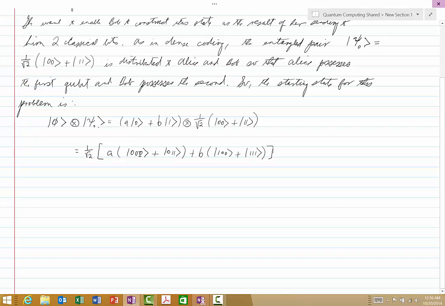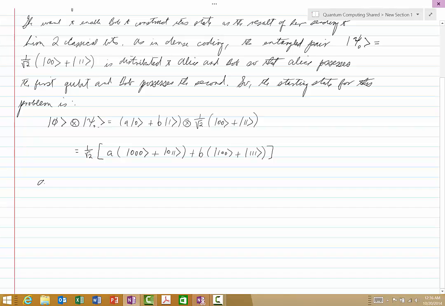So Alice has the first 2 qubits, and Bob has the last one at this point. And so what Alice is going to do is first apply the C0 gate.